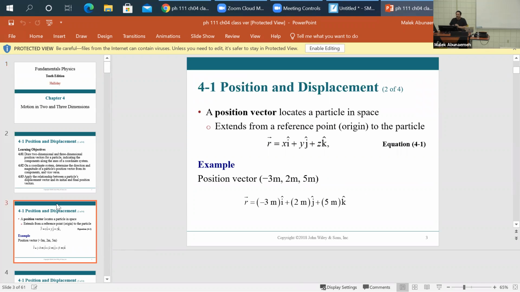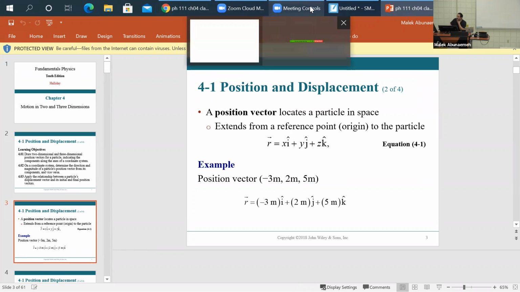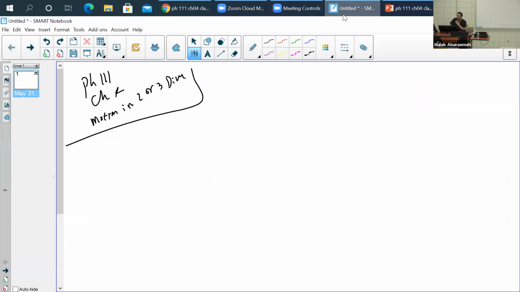Now, a position vector locates a point in space. It extends from a reference point to the particle. The position vector is going to equal x in the i direction, y in the j direction, and z in the k direction. So your r is going to equal x in the i direction plus y in the j direction plus z in the k direction.